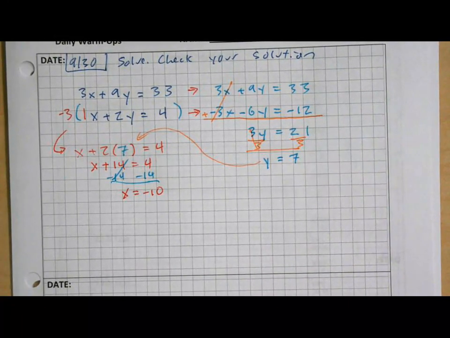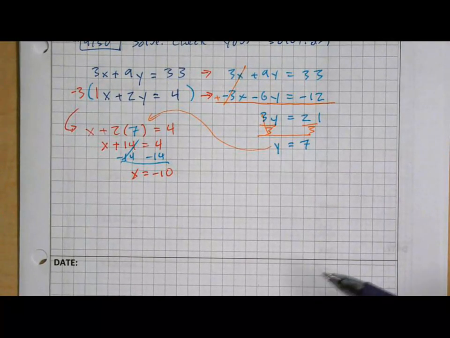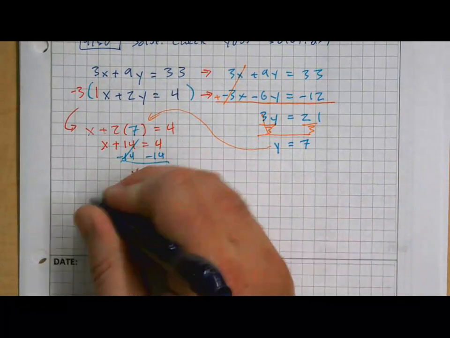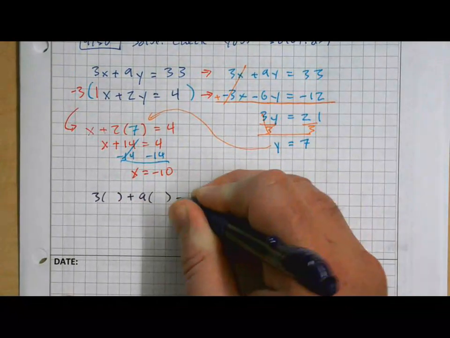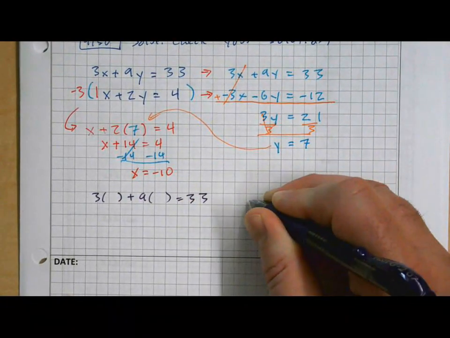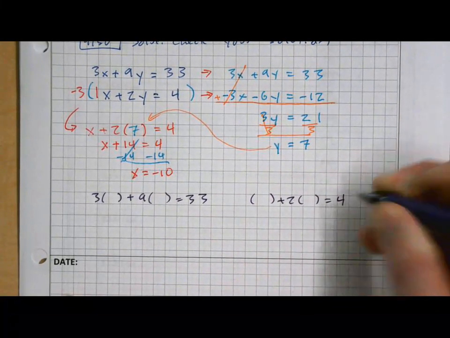Yeah, we still need to check this. It does tell us to check. So if you didn't check your solutions, I'd like you to do that with me right now. What I'm going to do is down here, I'm going to rewrite both of my equations, but I'll leave my x's and my y's out. So 3x plus 9y equals 33. And then my other equation was 1x plus 2y equals 4.